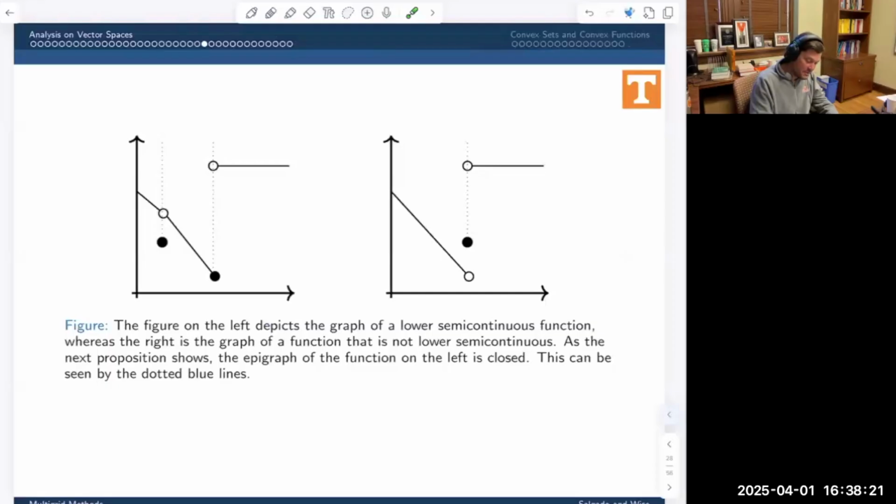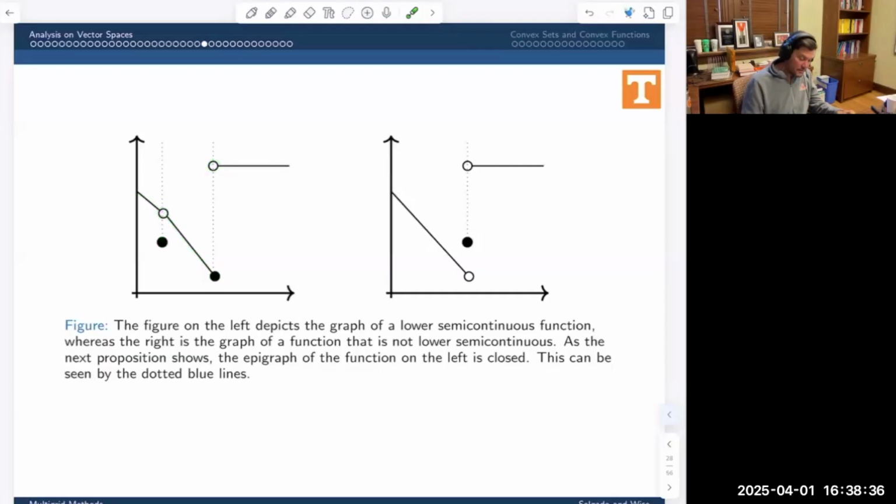Here's a graph of a function which has a couple of points of discontinuity. What is the epigraph?